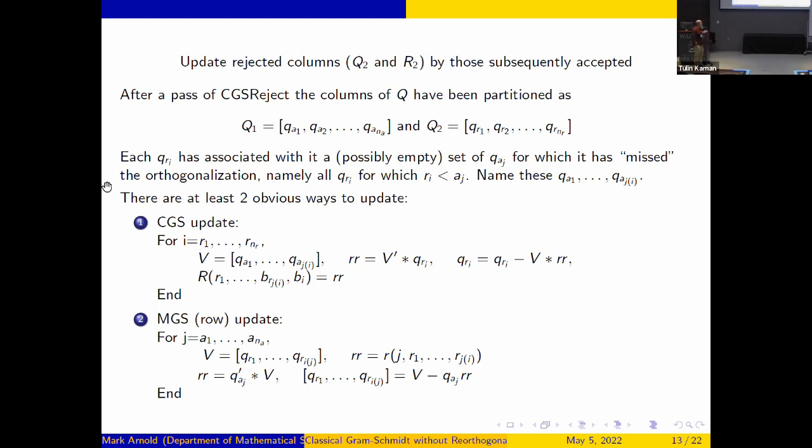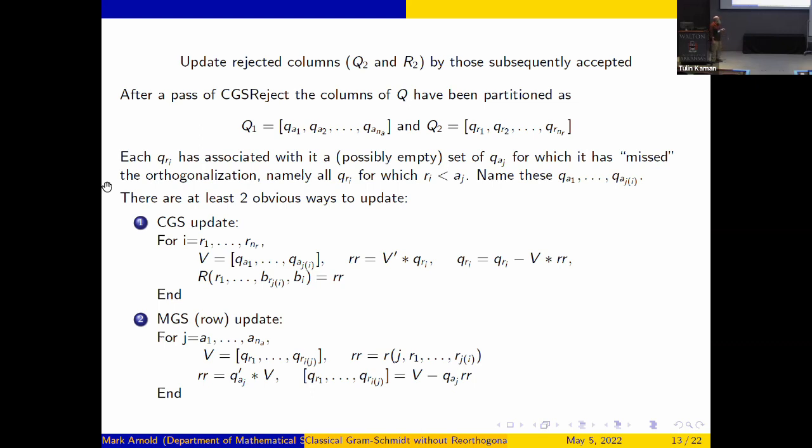Or we could do this like a row modified Gram-Schmidt. And that is, instead of collecting all the accepted vectors in here, I collect the rejected vectors in here. And then I do this outer product version, which is equivalent to the row version of modified Gram-Schmidt. Either of these are fine. I suspect that one is, in most computing environments, faster because you're doing matrix vector operations instead of outer products.